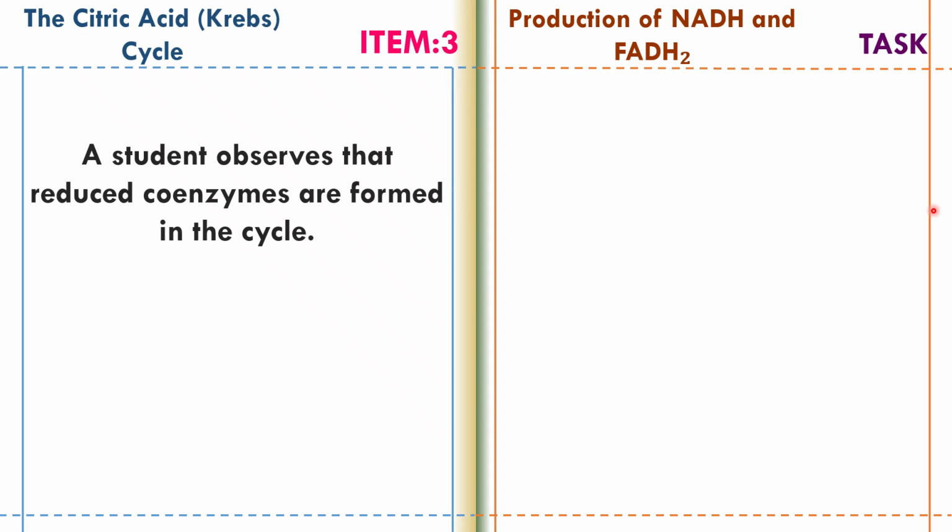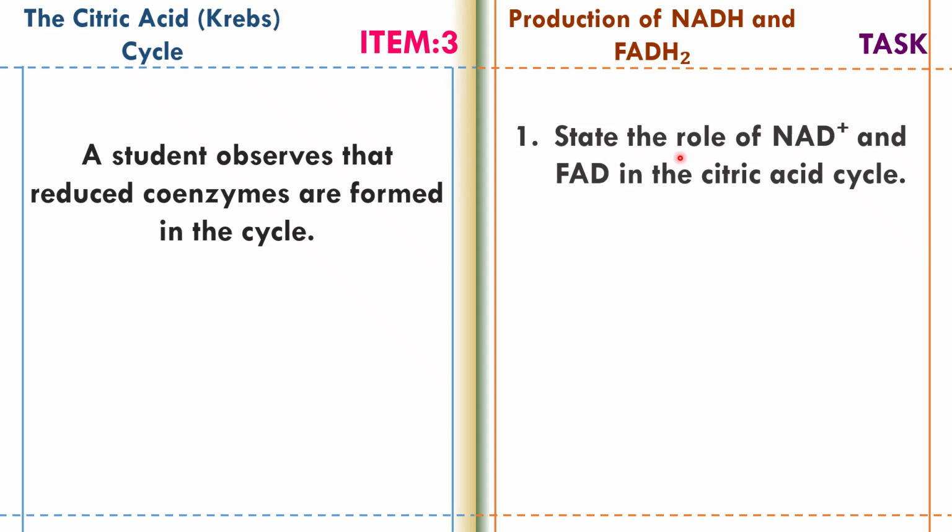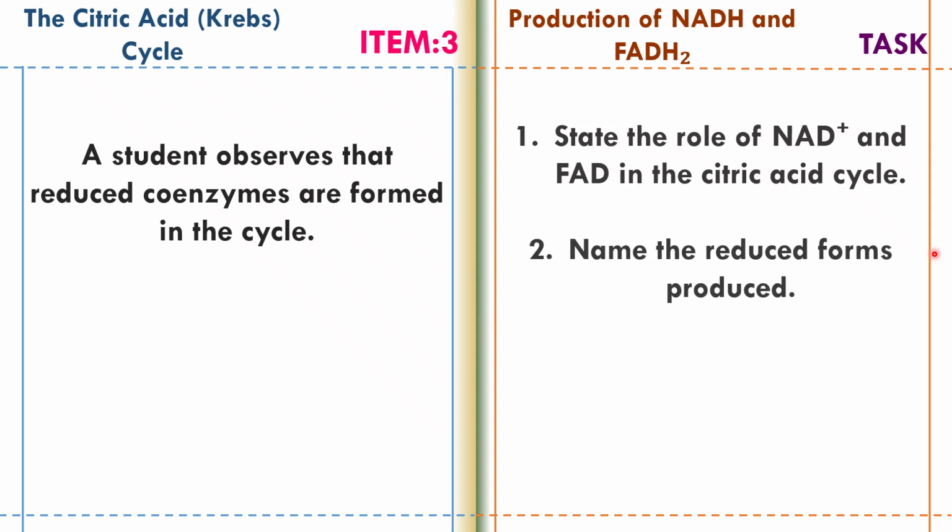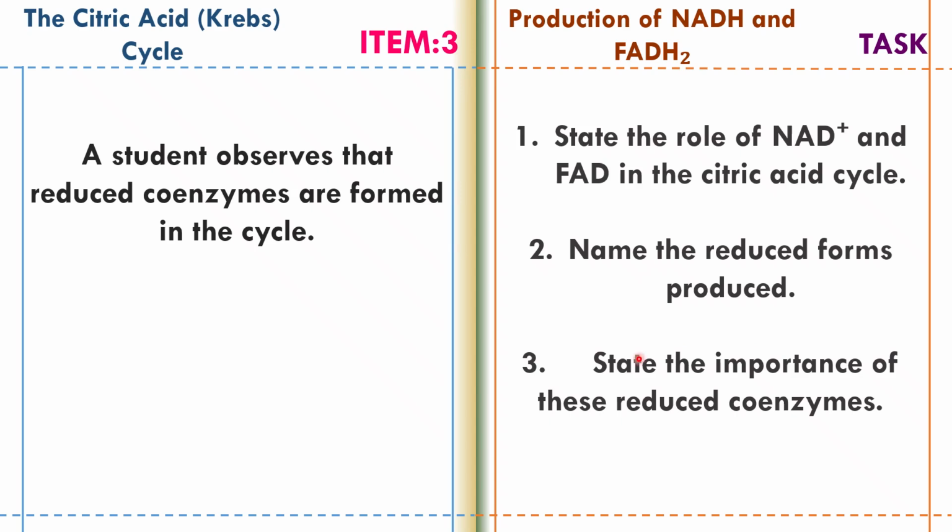Task: state the role of oxidized NAD and FAD in the citric acid cycle. Name the reduced forms produced. State the importance of the reduced coenzymes.